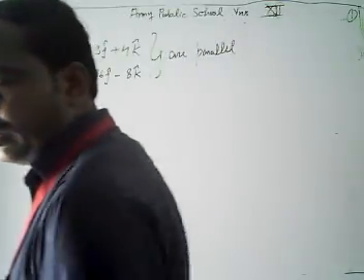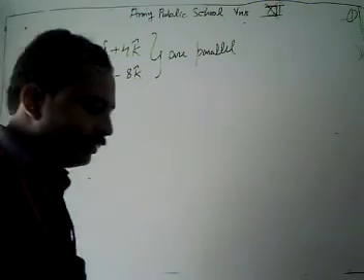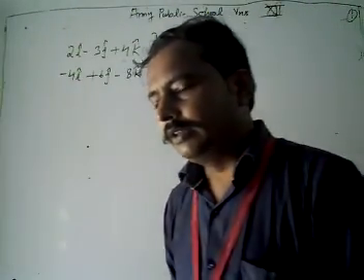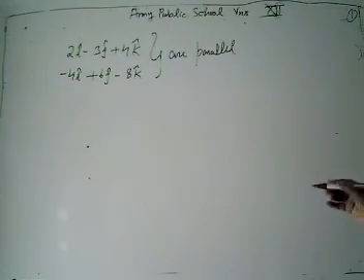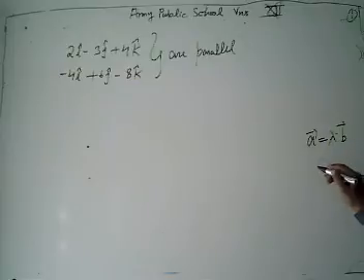Now look, what do we have to show? We have to show that the given vectors are parallel. If we have any two vectors A and B, we are required to show that vector A is lambda times vector B, where lambda is some scalar.